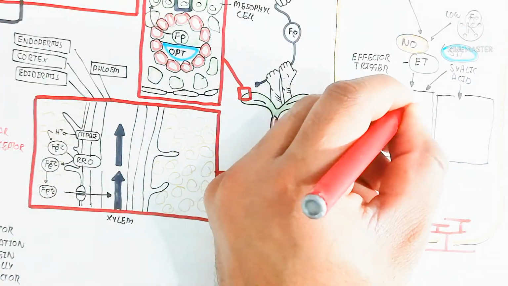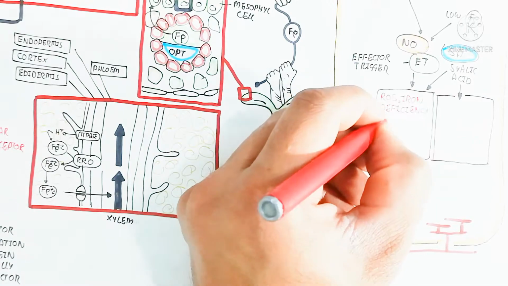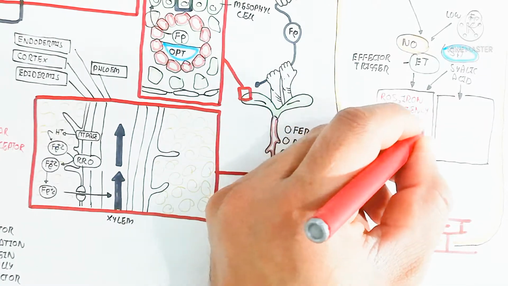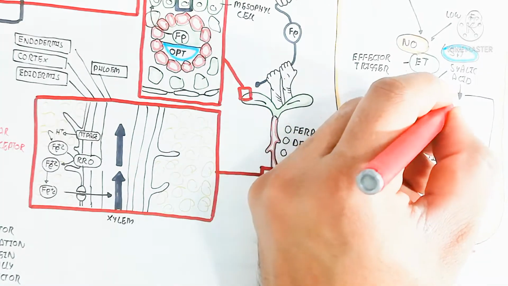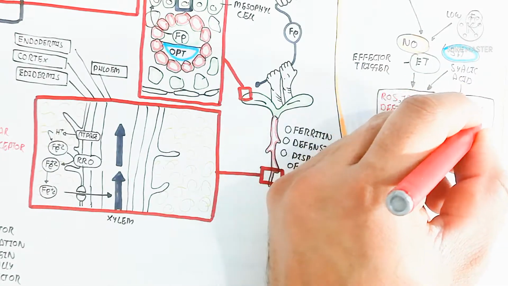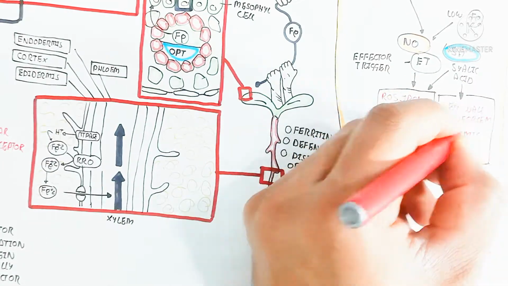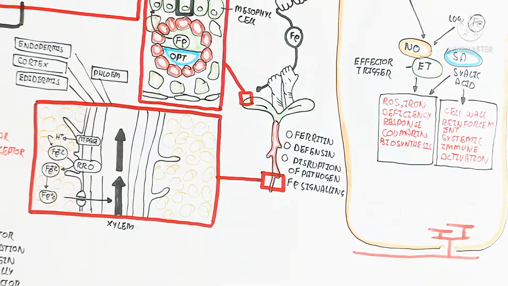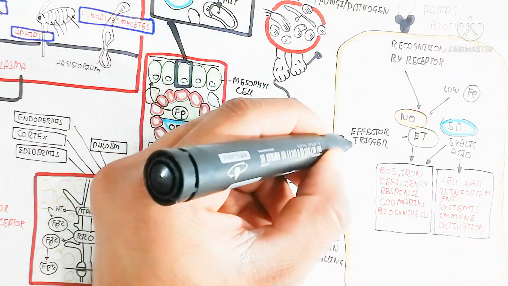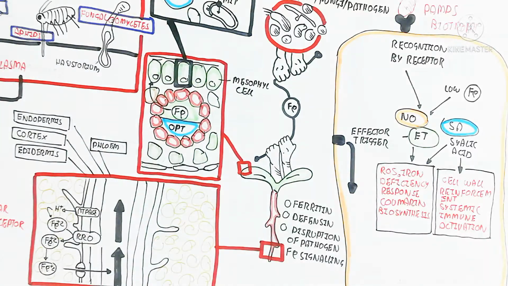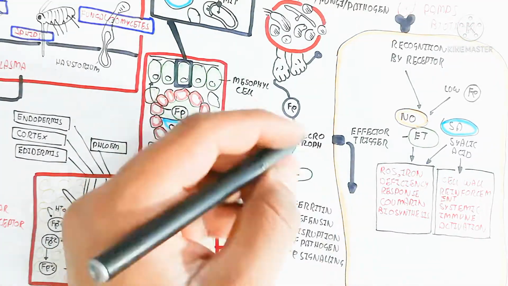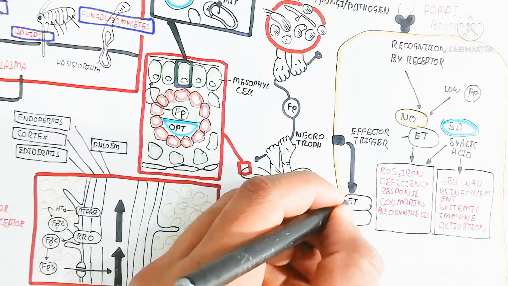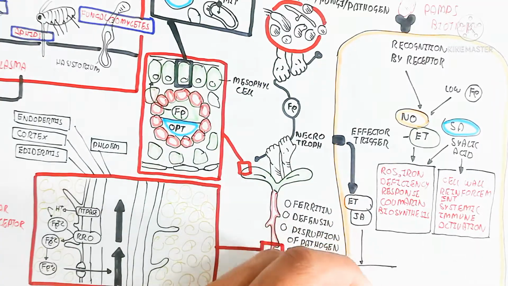So in this way here are the reactive oxygen species, iron deficiency response, the coumarin biosynthesis, which will lead to the immune response and kill the pathogen, and cell wall reinforcement and systemic immune activation will occur.